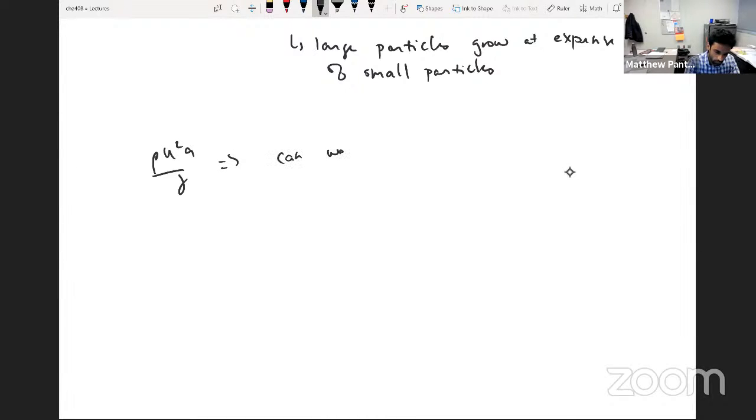Okay, so can we estimate the droplet size of a liquid jet?